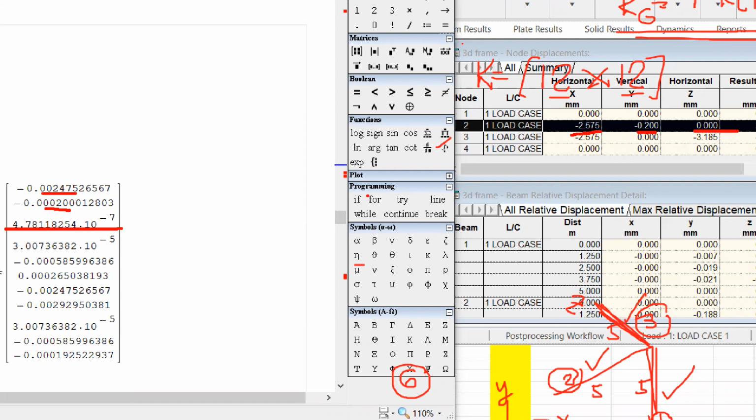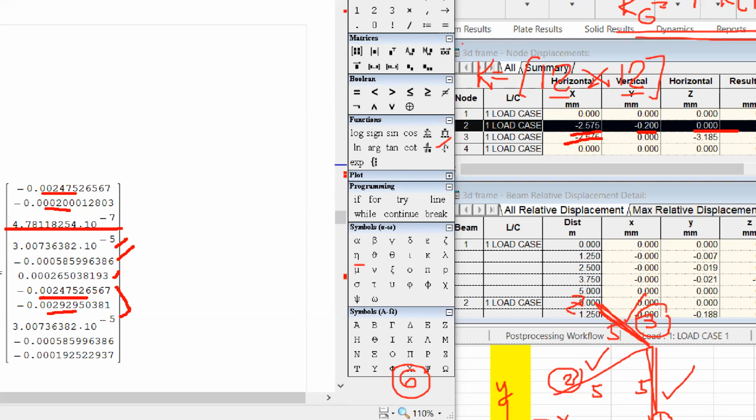Okay. How about node 3? Node 3, remember, corresponds to, these are rotation. So node 3 is this one. So we have 2.47 mm, the same, no? 1, 2, 3, 2.9.